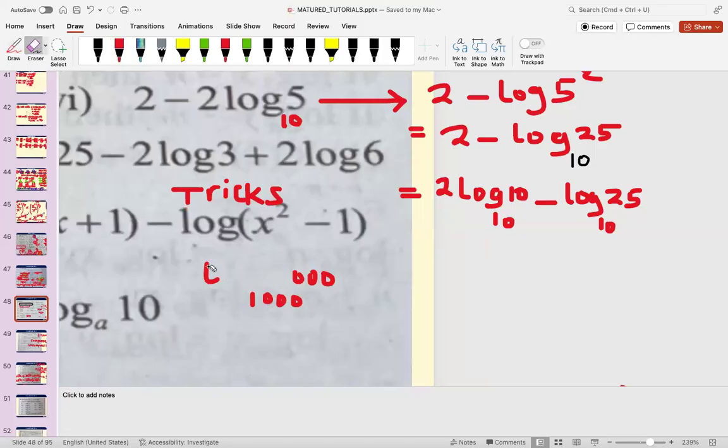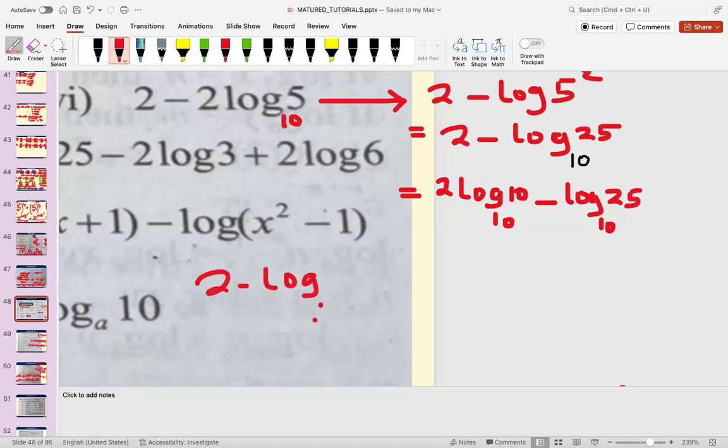Okay, Jonathan, I saw your hand up. Go ahead. Yes, I wanted to ask the question that Joseph asked concerning the 2 minus log 525. What about when I do it, let's say the log 525 becomes 2, and then I just work directly with the 2 and 2? So you mean 2 minus log 5, 25.